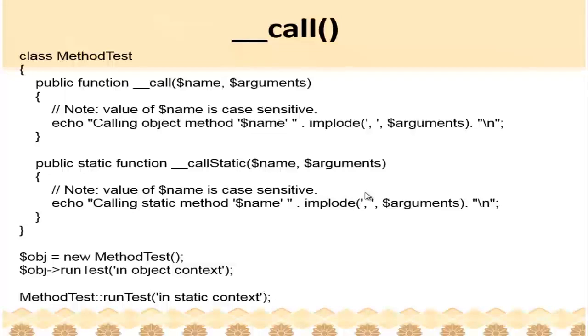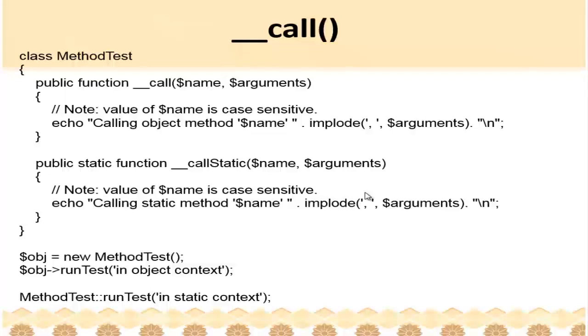Let's look at it in action. So we have __call, which is a magic method. The first parameter is the name, and the second one is the arguments. Now, this says the same thing, the only difference is that this is a static method. If you want to create a static method, use __callStatic.